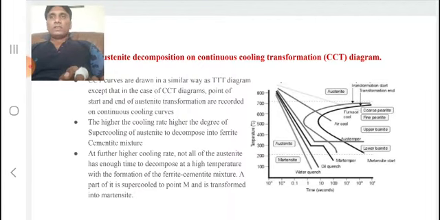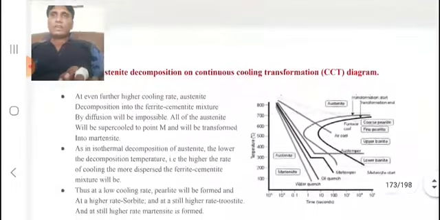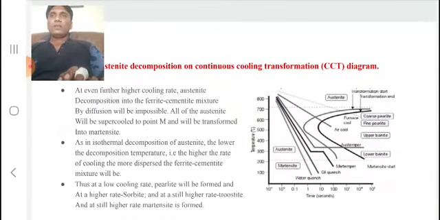So at an even further higher rate of cooling, austenite decomposition into the ferrite cementite mixture by diffusion will be impossible. So all of the austenite will be supercooled to point M and will be transformed into martensite. That shows the escaping of the nose in this diagram.